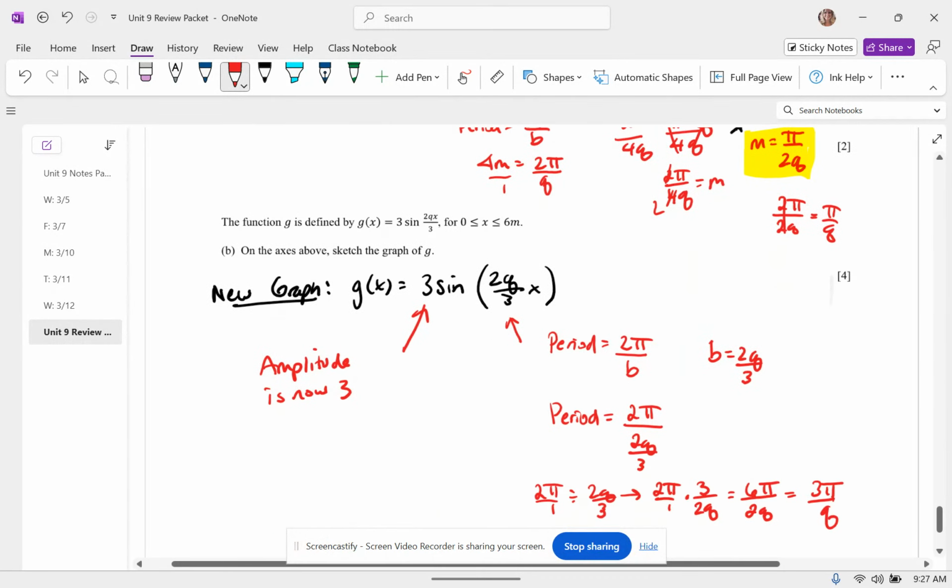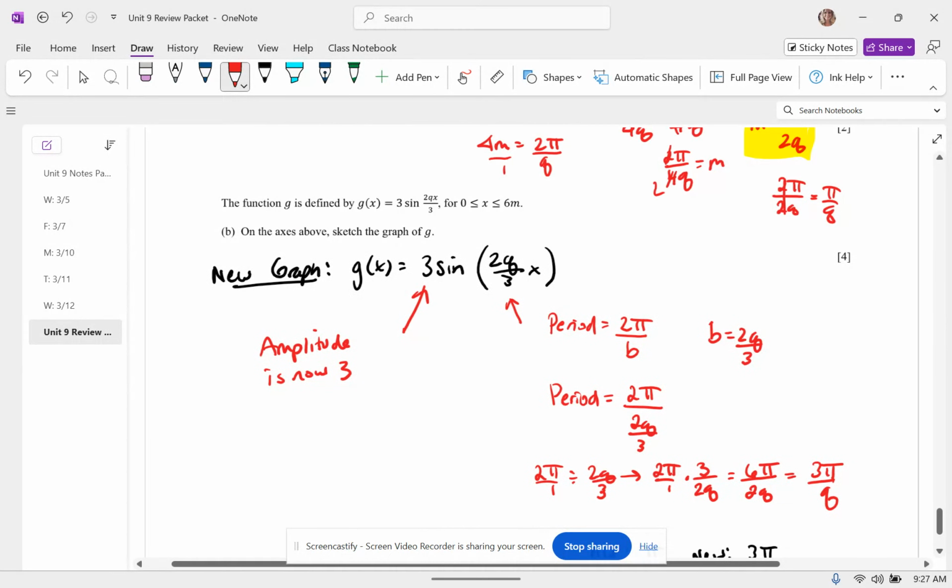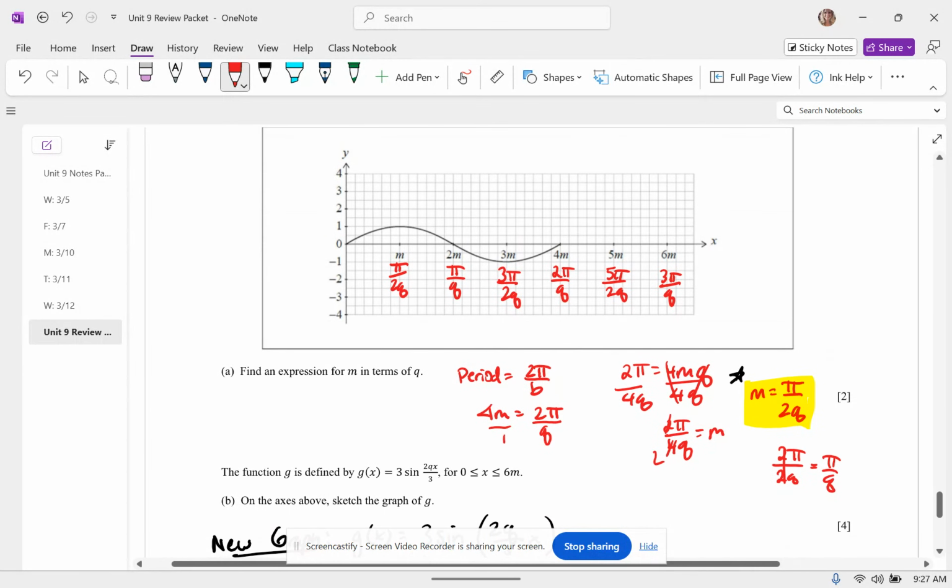So I know the new graph has an amplitude of 3, and it has a new period of 3 pi over q, which is all the way over here. What's halfway between? This is where the graph crosses the x-axis. It's a sine curve, so we go up first to the max, down to the min, and then complete at 6m.